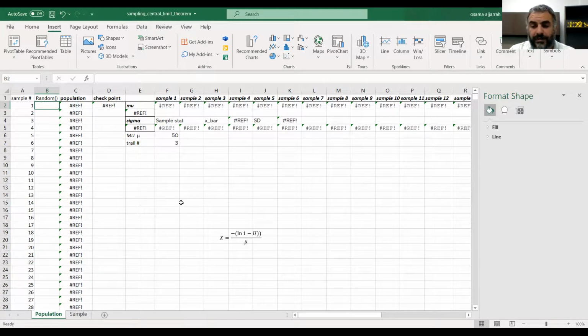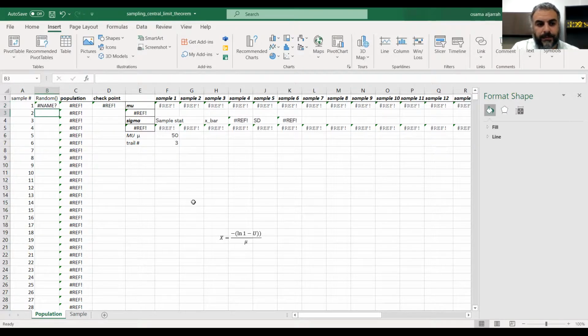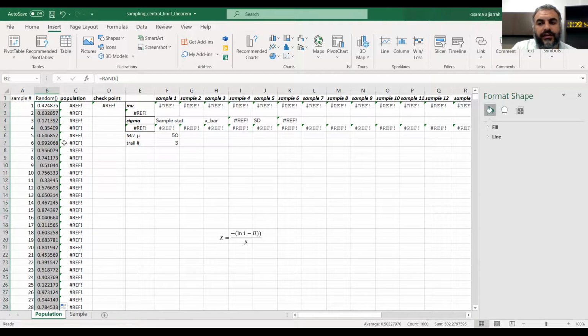One of the problems in high performance computation is generating a random number. In Excel, we just put rand, then open and close parentheses, then double click on it. This will generate a uniform random number from 0 to 1.